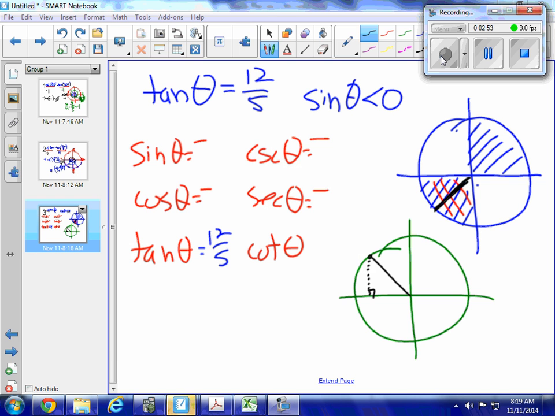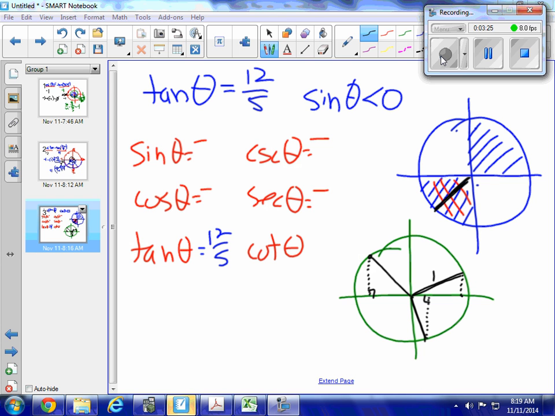The radius is always the hypotenuse of that triangle, no matter where I draw it. If I draw it down here, and I draw my little perpendicular, the radius is the hypotenuse. If I draw it in this quadrant, the radius is the hypotenuse. No matter what quadrant I draw it in, the radius is going to be my hypotenuse. And the reason that we like the unit circle is because the hypotenuse is 1.